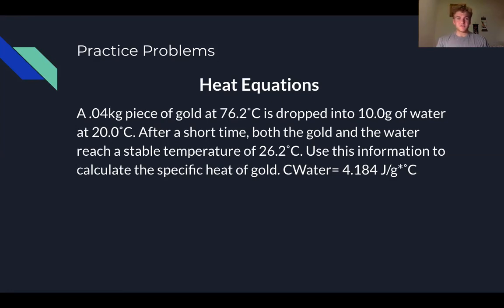But if you break it up and you say, okay, I know I have gold, I know I have water. Okay, awesome. That means I'm going to have two separate equations being added together. So what equation am I looking for? Oh, obviously it's going to be Q equals MCΔT plus MCΔT. Then I look for the units they give me. Okay, they give me the mass, they give me the temperature on the gold side. Okay, on the water, they give me everything. Great, that's going to be super easy.